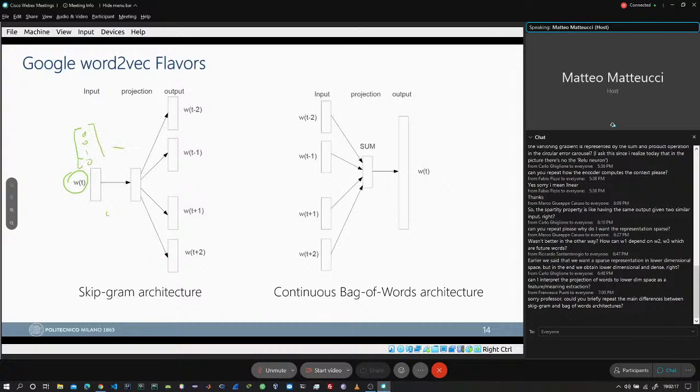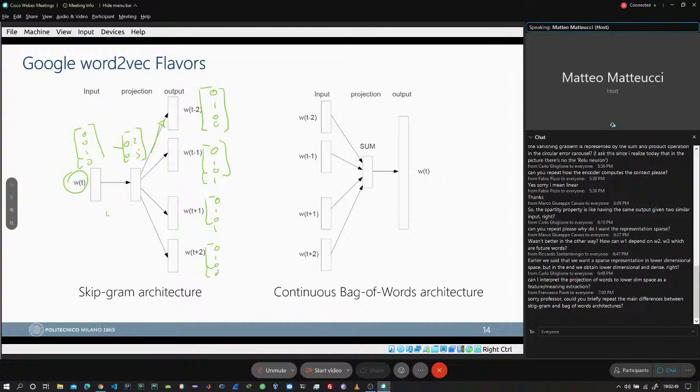You project into a vector which is 0.2, 0.5, and then you have a lot of models which simultaneously try to predict all the words which are around that word.